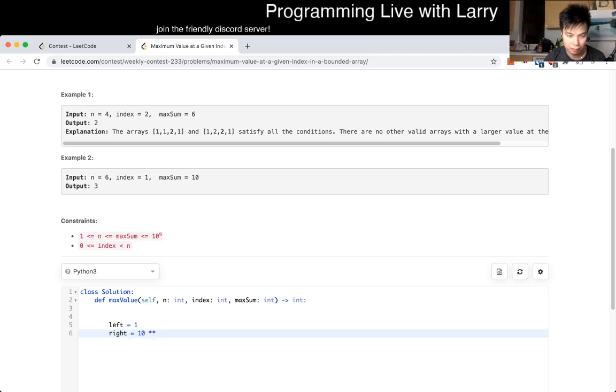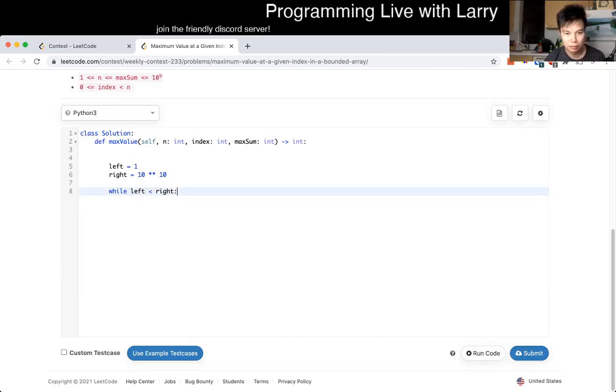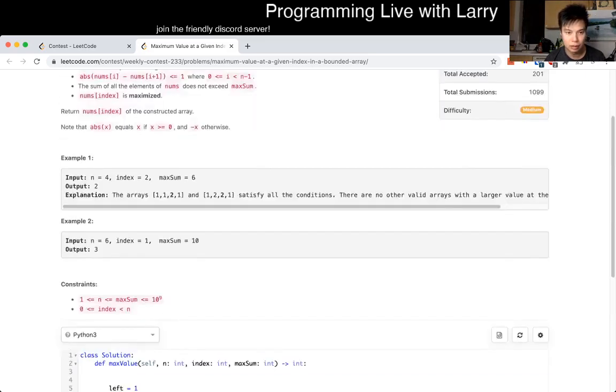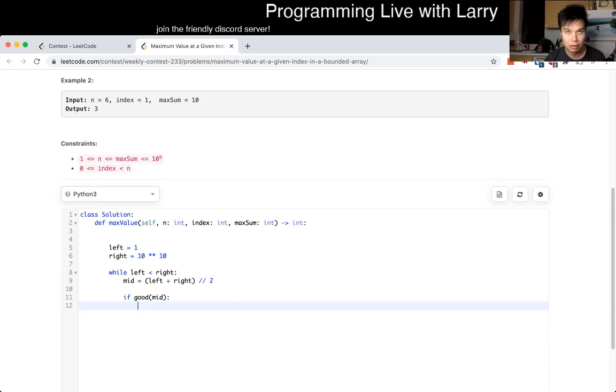Say 10. If this is good, we want the maximum, so if this is good, then left is equal to mid, else right is equal to mid minus 1.